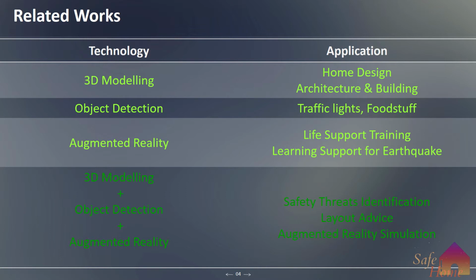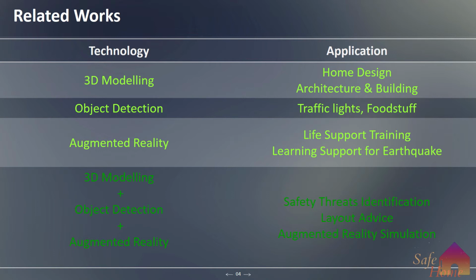According to previous works and applications, 3D modeling is used in home design, architecture, and the building industry to make sure the design is safe. Object detection is used in traffic lights and foodstuff, for example, to recognize whether a plant can be eaten.